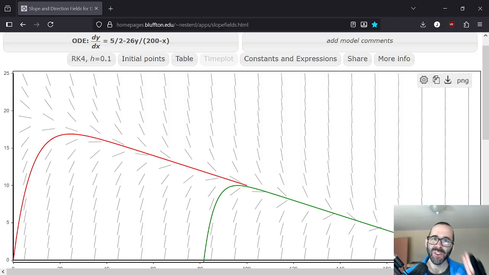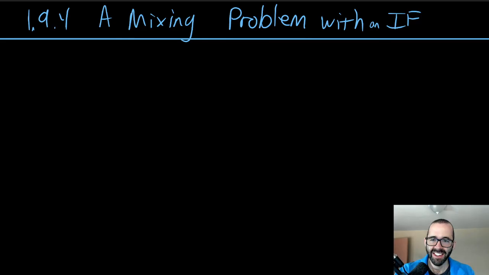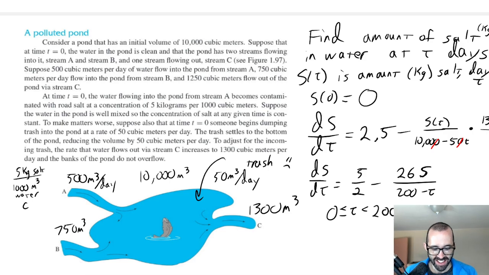Well, slow down a little bit. This model breaks down close to 200. Remember, 200 was our domain. And why does it break down? It breaks down because what actually happens in 200 days? Well, in 200 days, we have 10,000 cubic meters of trash.